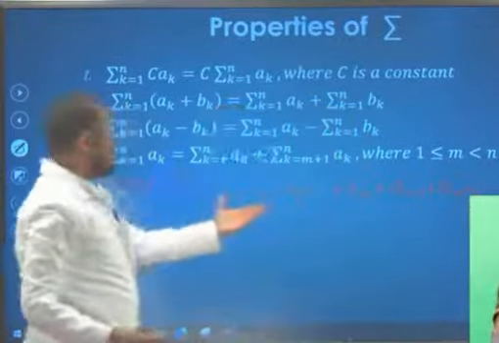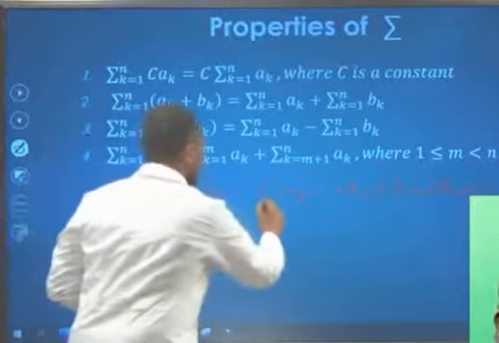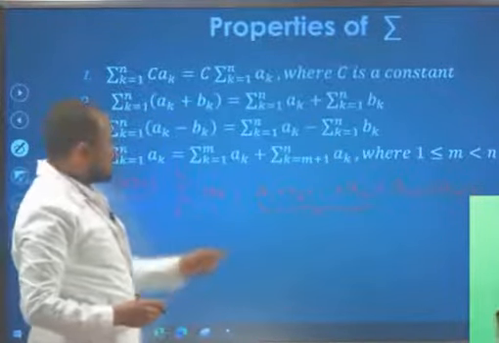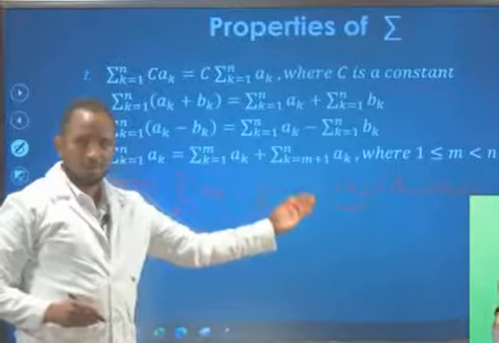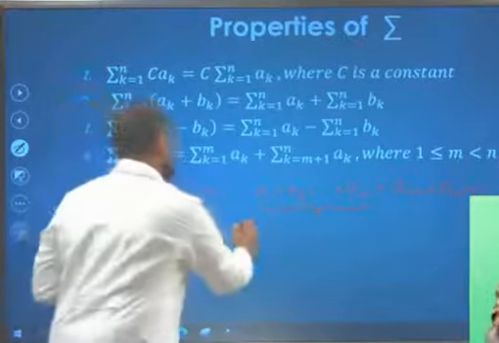So from this you can see that the first part is the summation of AK where K starts from 1 up to m.